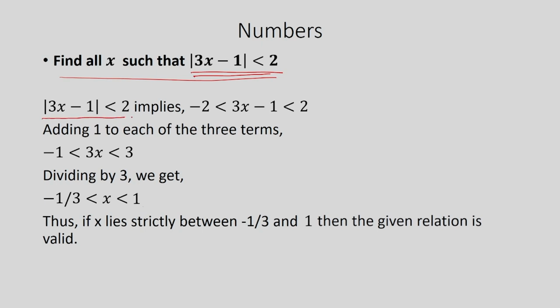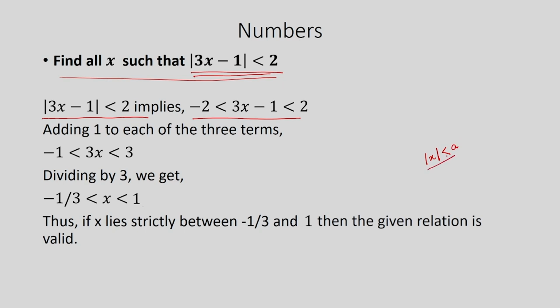Now, this relation that modulus of 3x minus 1 is strictly less than 2 implies this, right. This is the critical stage of this problem. What we are applying here is this property: suppose modulus of x is strictly less than a constant small a.